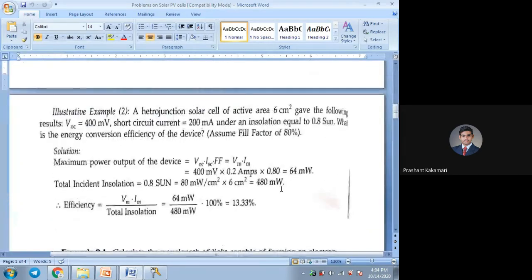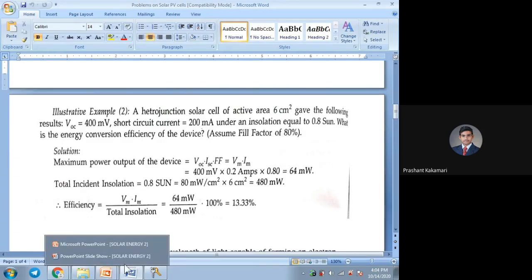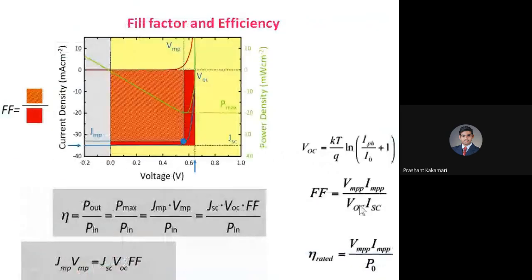The steps are clear to all. So all these formulas we have taken again, what we discussed in the theory. The fill factor formula we know. Then efficiency also we know, that is maximum output power by input power, that is solar radiation.